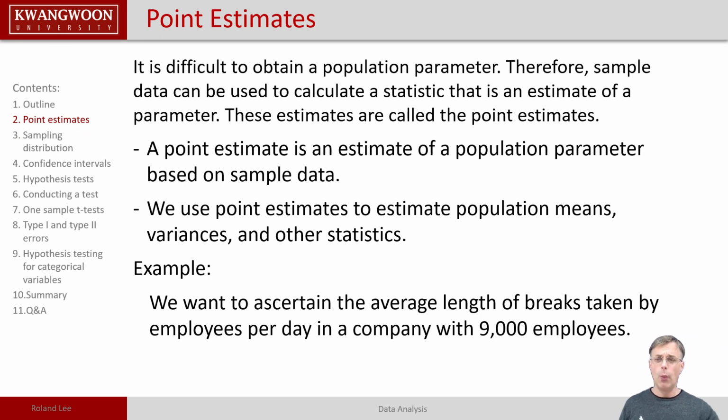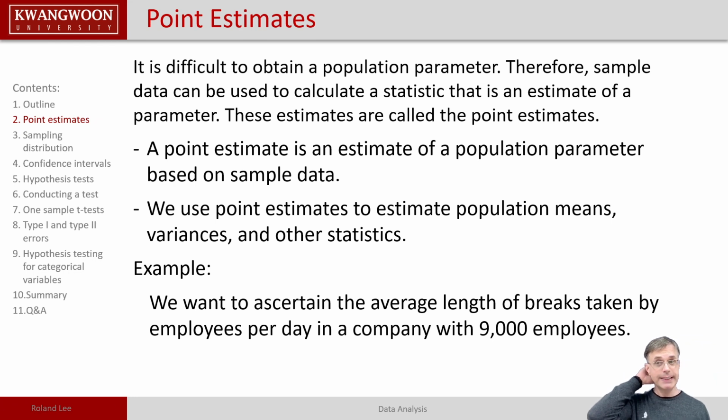So we had to use sample data to calculate a statistic that was an estimate of the parameter. When we make these estimates, we call them point estimates. A point estimate is an estimate of a population parameter based on sample data. We use point estimates to estimate population means, variances, and other statistics.